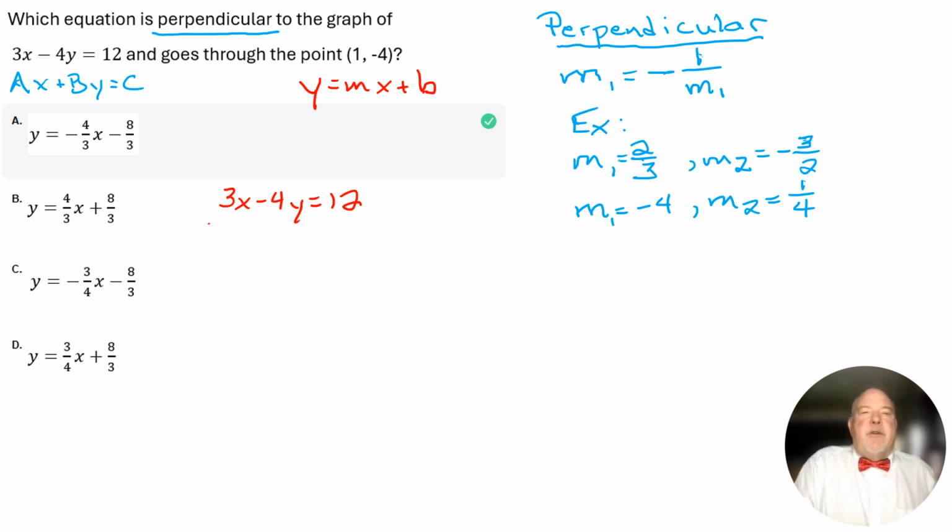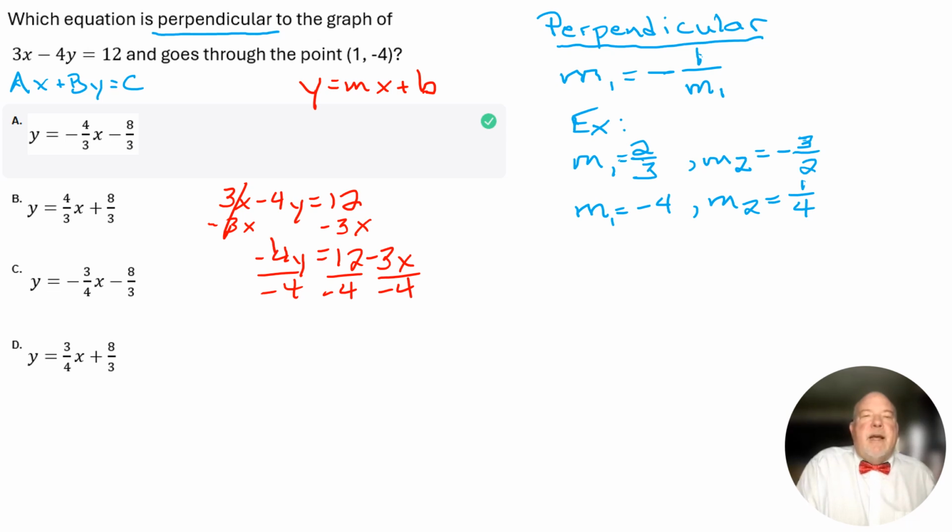The first thing I'm going to do is subtract 3x from both sides. Minus 3x. So that goes away, and I'm left with negative 4y equals 12 minus 3x. Then I need to get rid of the -4, so I'm going to divide both sides by -4. I'm going to divide everything on both sides by -4.